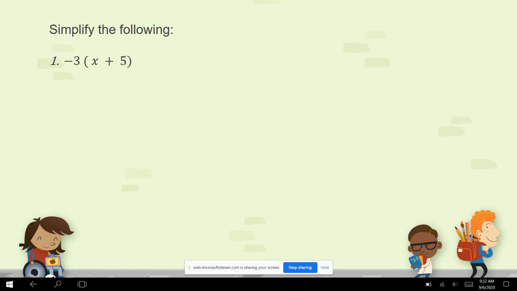In order to do that, we need to distribute the negative 3 on the outside to both pieces on the inside. So we are going to multiply the negative 3 to the x and the negative 3 to the 5.